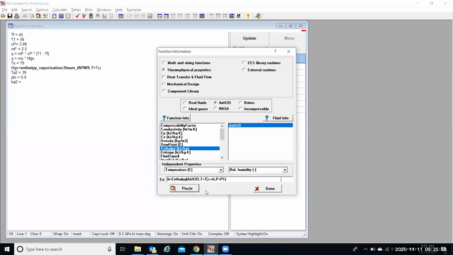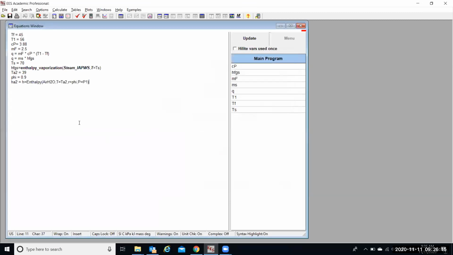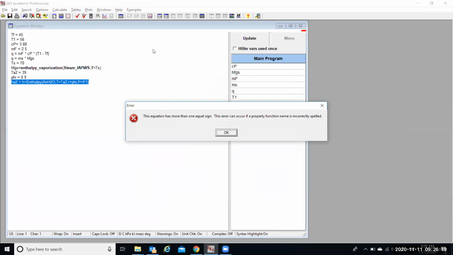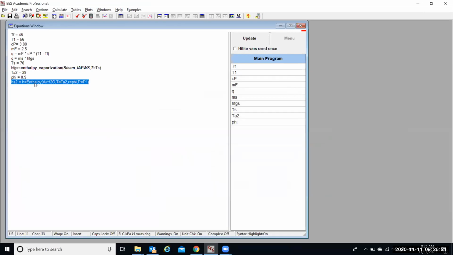For example, in this case, I know the value of T_A2, and I know that the relative humidity here is phi. And it's asking for another thing, which is P. Now, if I put this here and solve, it will give me an error. Why the error? Oh, sorry, here because it has more than one equal sign.